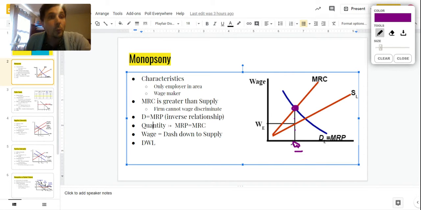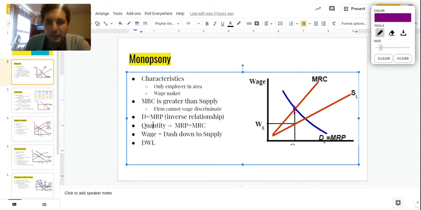Okay? So what wage am I going to pay those workers then? I have to pay them all the same wage. What wage will it be? Now you might say, hey, you should pay them this high wage right here. That is what they're worth based on the free marketplace. However, monopsonies don't have to pay that wage. Remember, they're not wage takers, they're wage makers. So that is not the case.